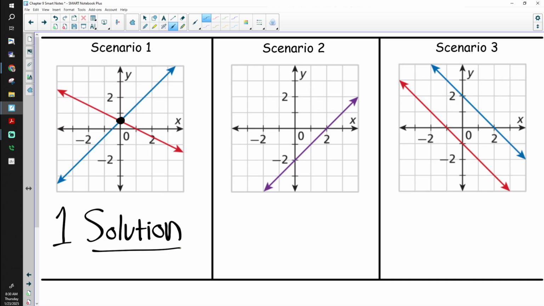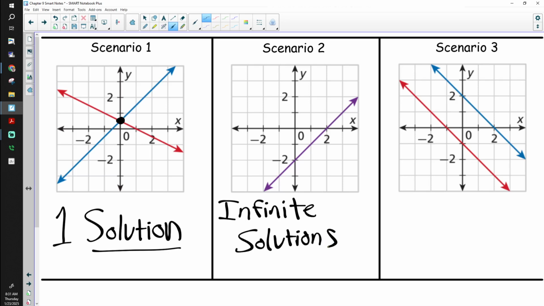Are they intersecting? Infinitely. They're touching and intersecting everywhere, which means there are infinitely many solutions. Does it happen often? No, but it does happen.